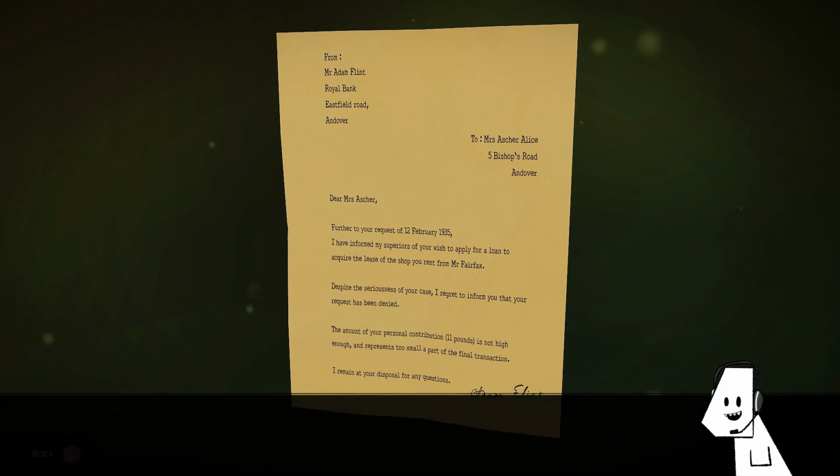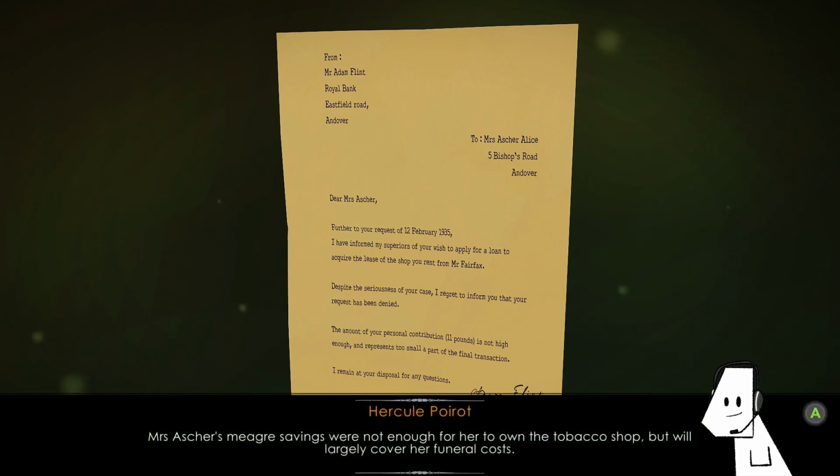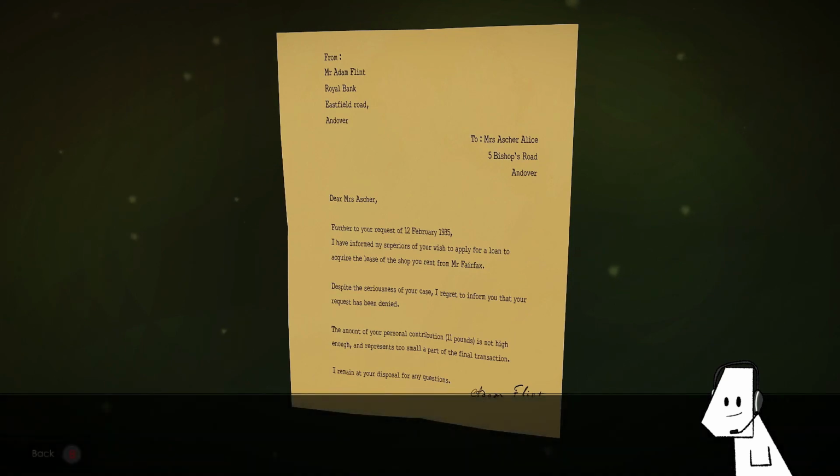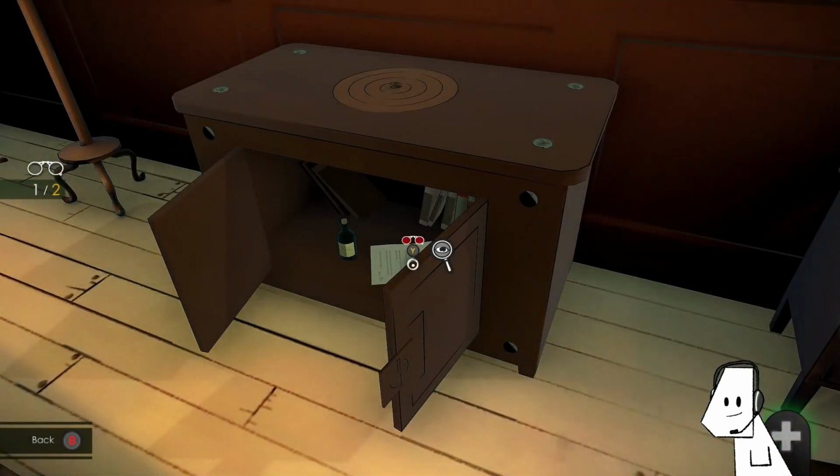Adam Flint. Okay. Mrs. Asher's meager savings were not enough for her to own the tobacco shop, but will largely cover her funeral costs. Silver lining, I guess. So she was trying to buy the tobacco shop? Or was she just trying to extend her lease?